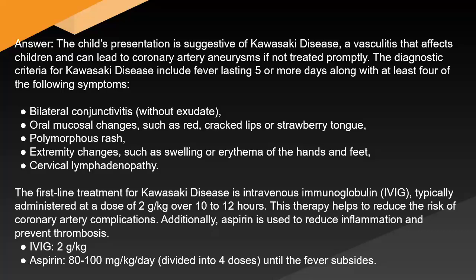The first-line treatment for Kawasaki disease is intravenous immunoglobulin, IVIG, typically administered at a dose of 2 grams/kg over 10 to 12 hours. This therapy helps to reduce the risk of coronary artery complications. Additionally, aspirin is used to reduce inflammation and prevent thrombosis. IVIG, 2 grams/kg; aspirin, 80 to 100 mg/kg a day, divided into 4 doses until the fever subsides.